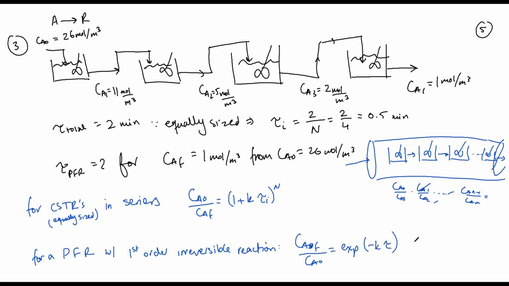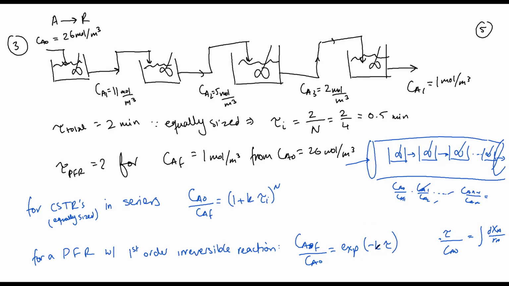If you want to derive it quickly, the performance equation for a PFR is tau over CA0 equal to the integral of dXA over RA, or the integral of dCA over K CA. You get ln CA, you move it to the other side, and now you get exponentials.